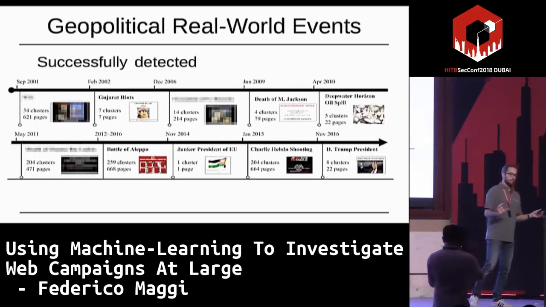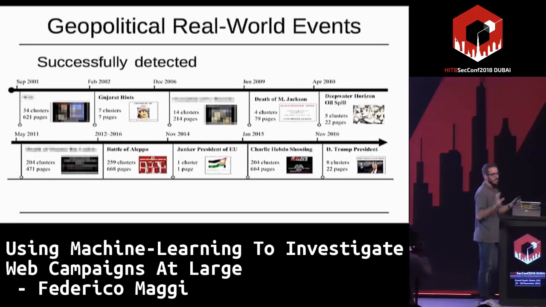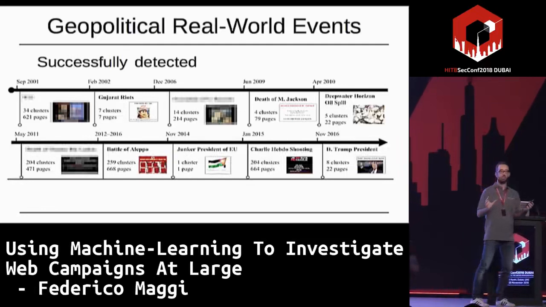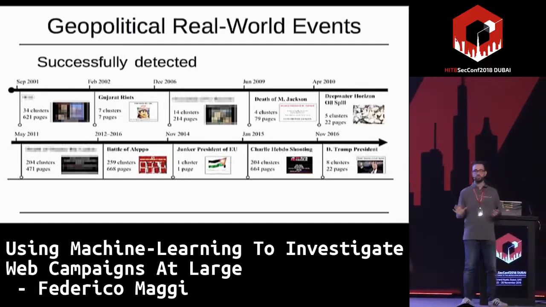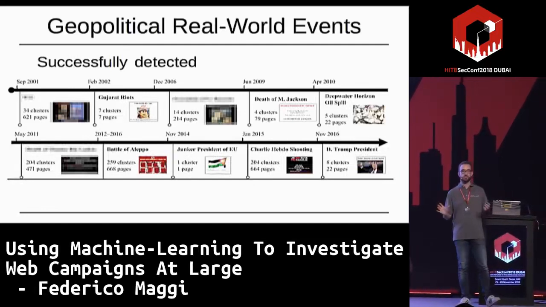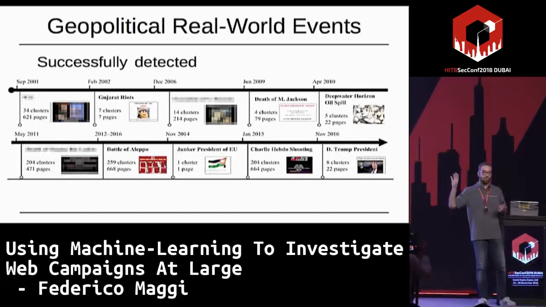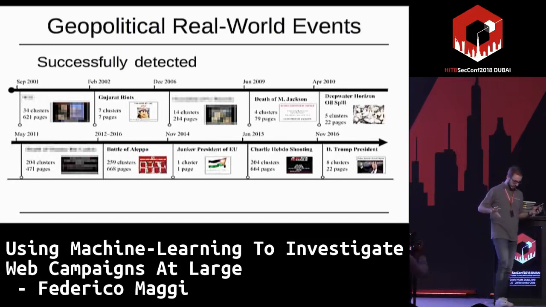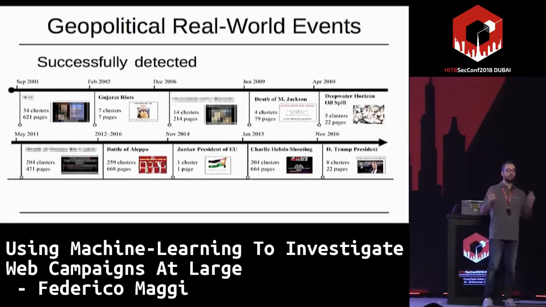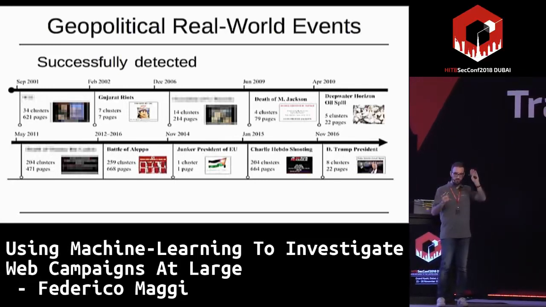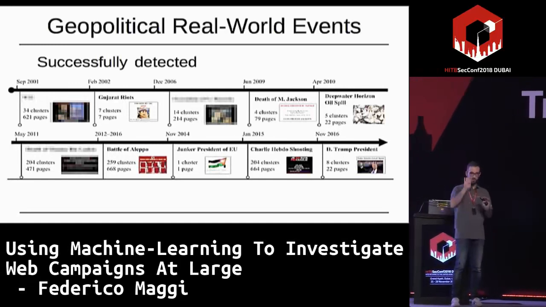If I was asked to choose an image out of the paper that we published that best represents the current situation of defacement, I would choose this image. We drew it by trying to make a parallel between real-world events and campaigns.